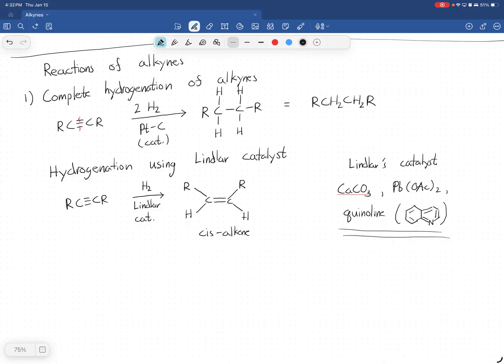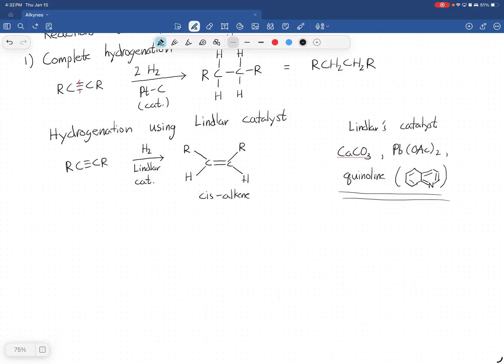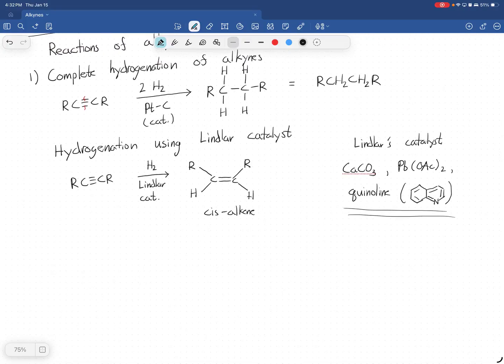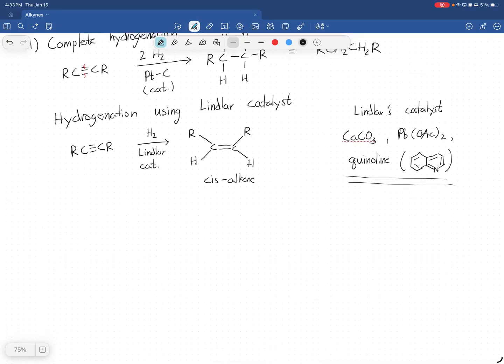Okay, so for the trans alkene, it's going to be a little bit different, okay? So this is where you get the cis alkene. Now, to make the trans alkene, you have to use a completely different reagent. This is called sequential reduction.